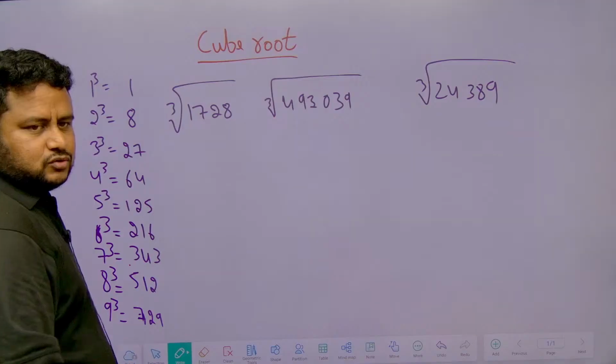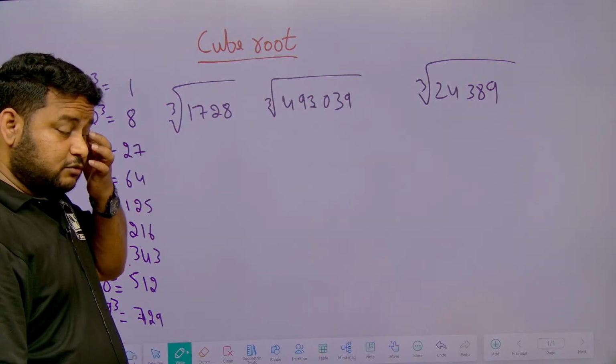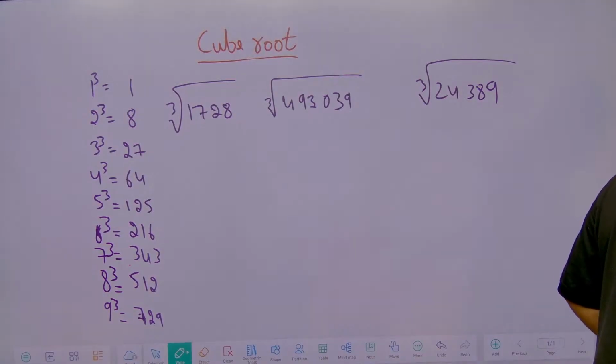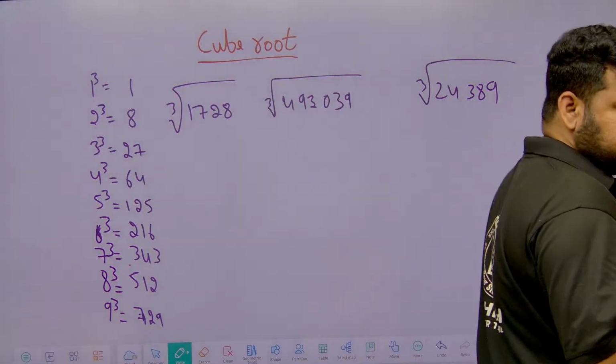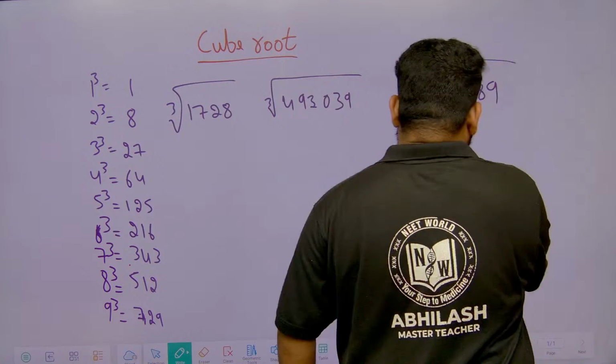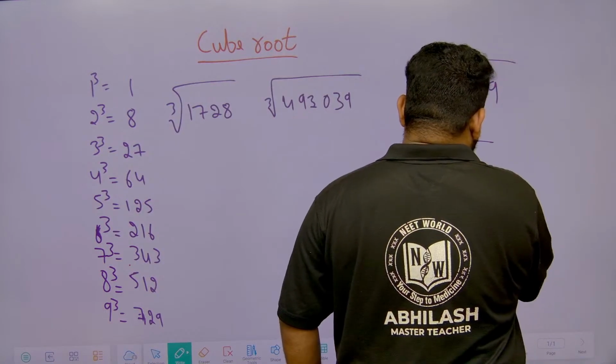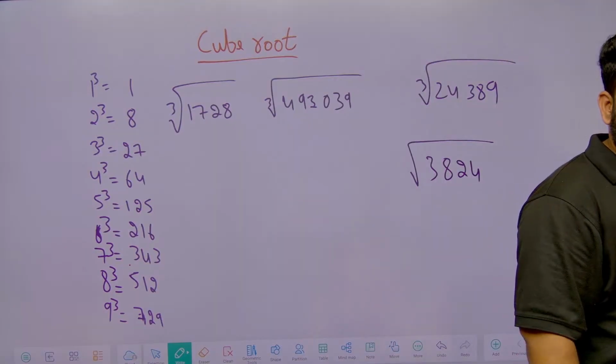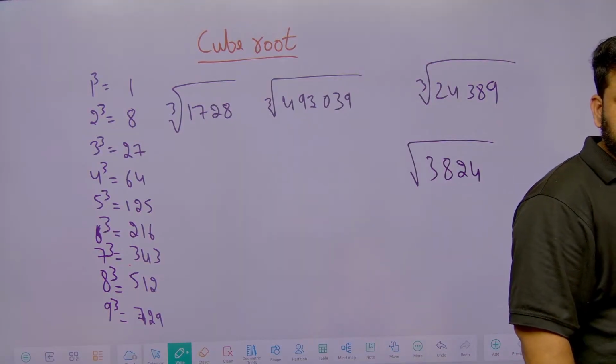So for square root, what did I tell you? You have to start from where? I had given certain questions, right? Square root of 3824. What did you get as the answer? Did you find the square root of 3824? Do it.